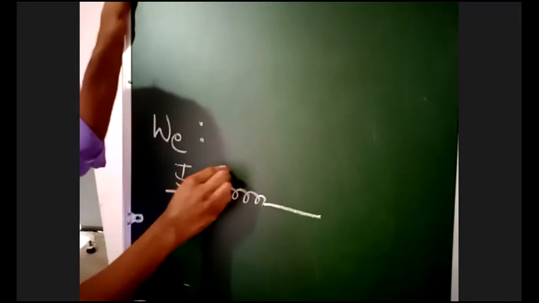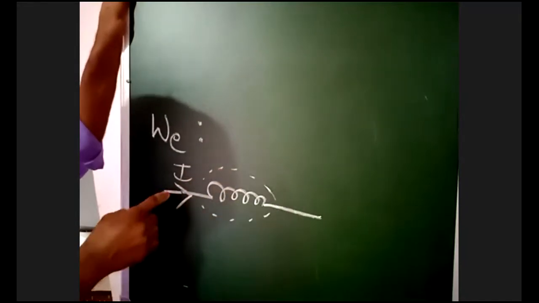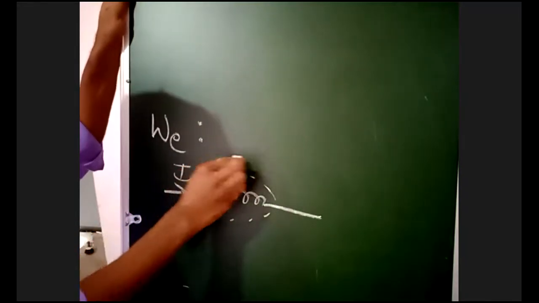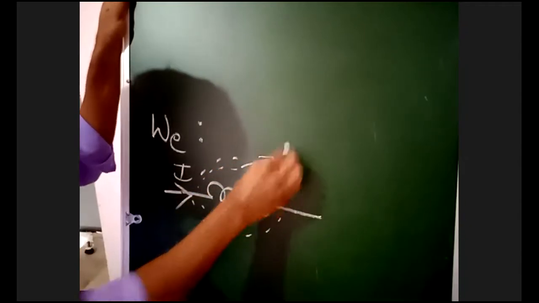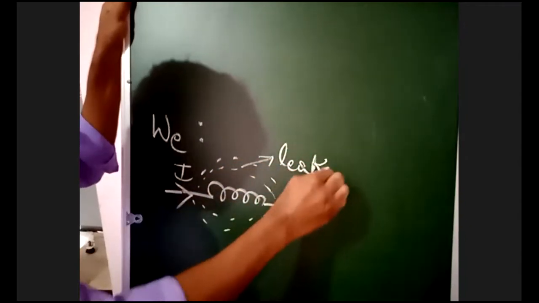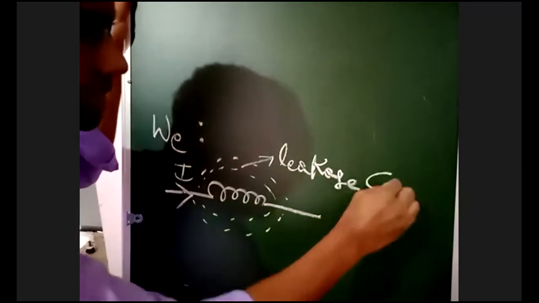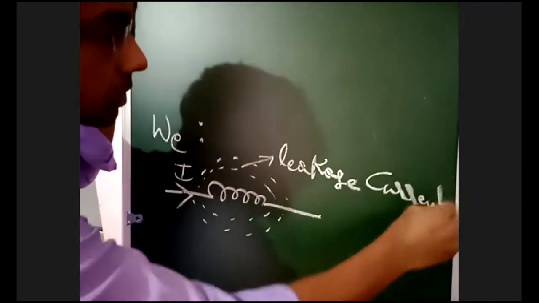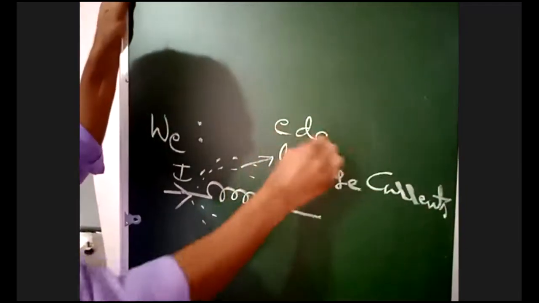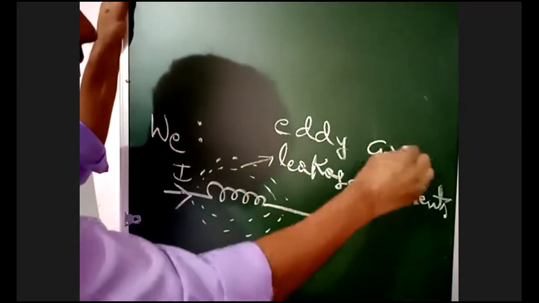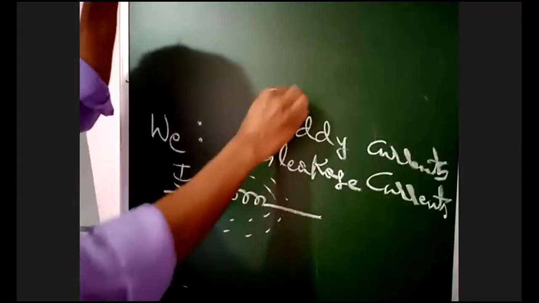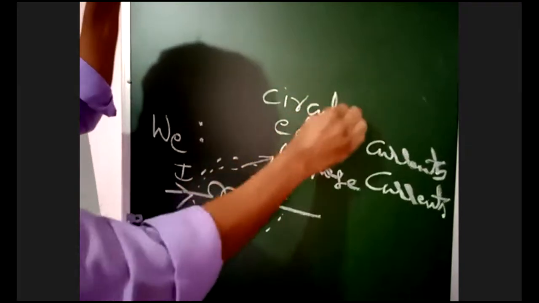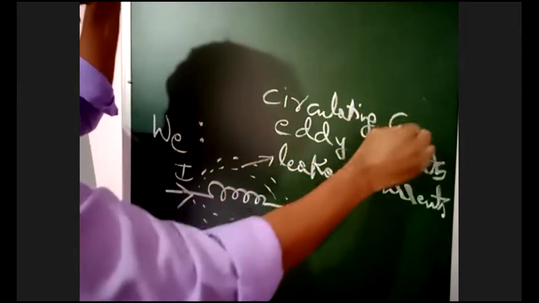When current is flowing through this coil, around the main current I, some circulating currents are developed. These are called eddy currents or leakage currents or circulating currents. All are one and the same.